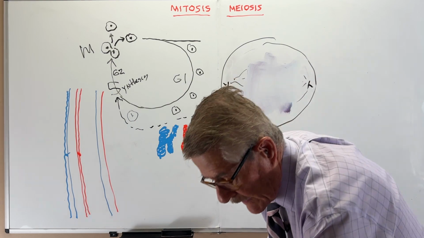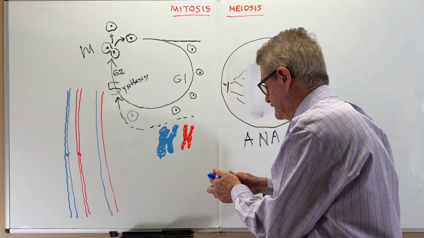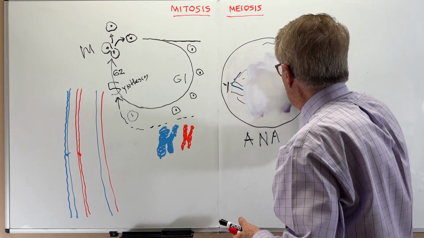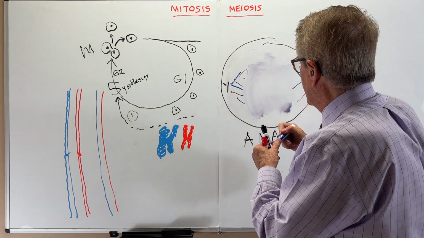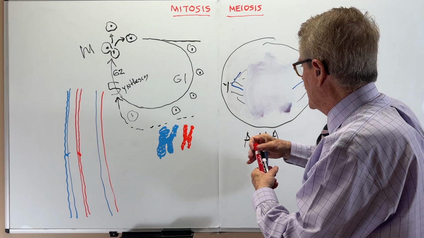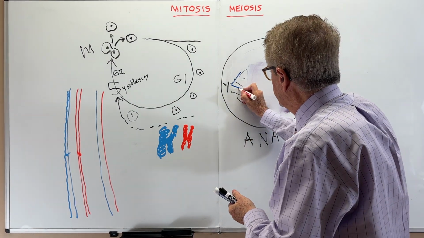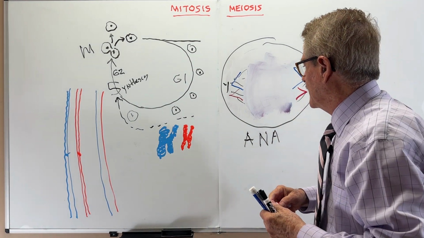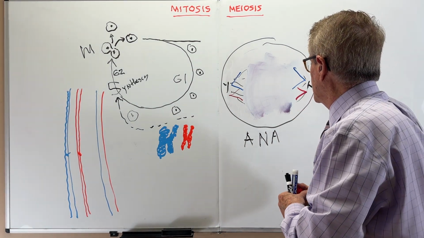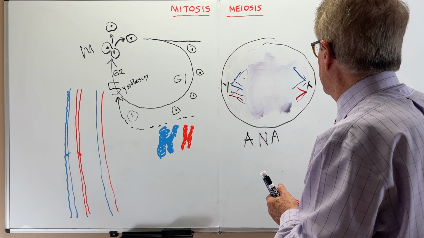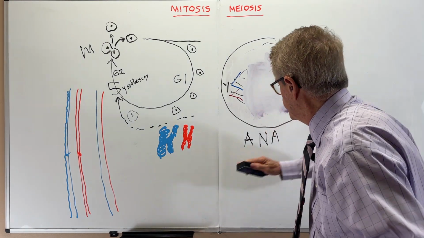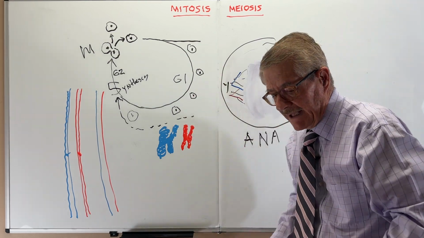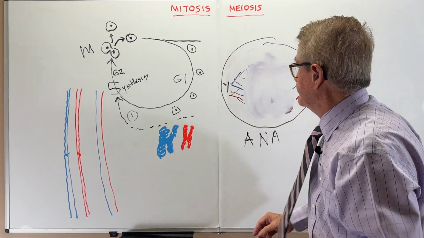We have now the paternally derived chromosomes on one side, and maternally derived chromosomes on the other side. But this is happening to 32 pairs of chromosomes. So this is much more dense, but essentially it is the same.